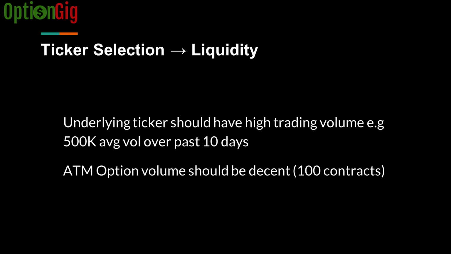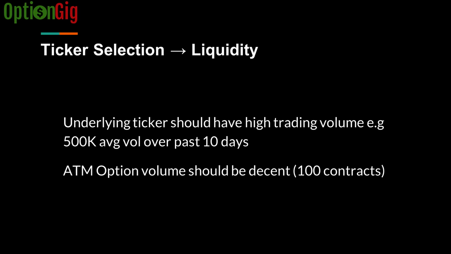Now, once you're trying to do options, you should also check that there is good enough option volume on this particular ticker. My benchmark is that the at the money option contract should have an open interest of around 100 contracts. We have to take this into consideration so that it is easier for us to get into and out of an option contract as and when we desire.